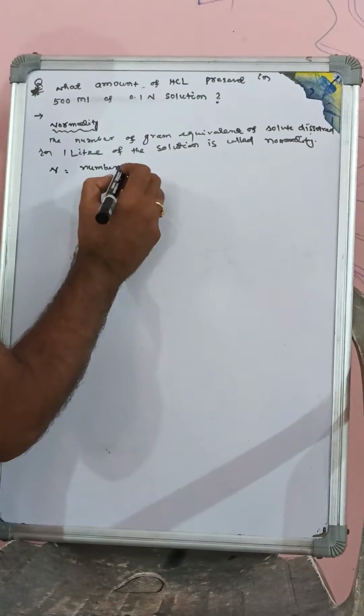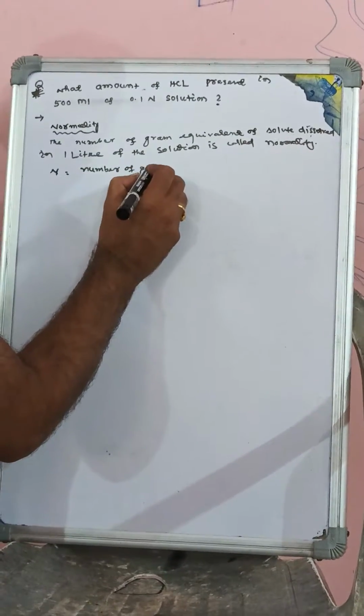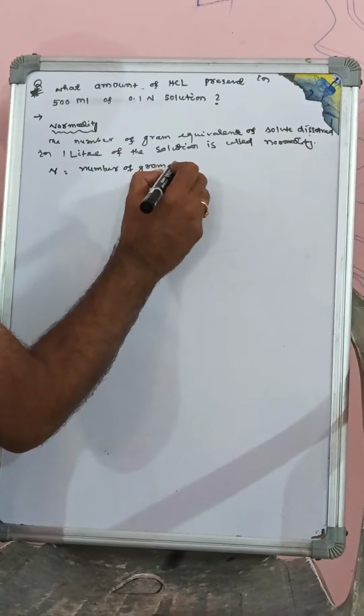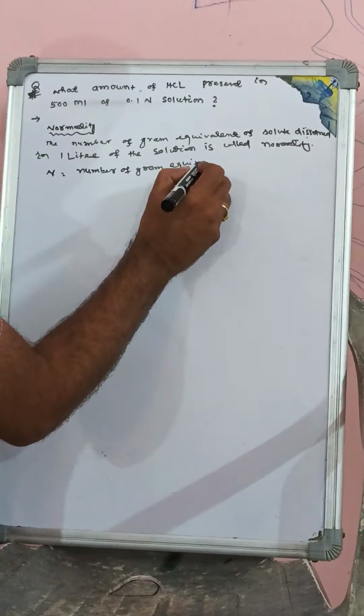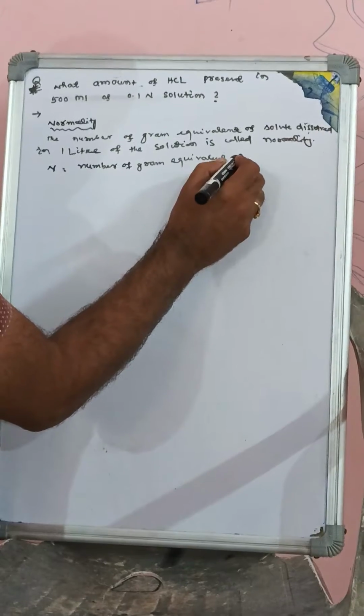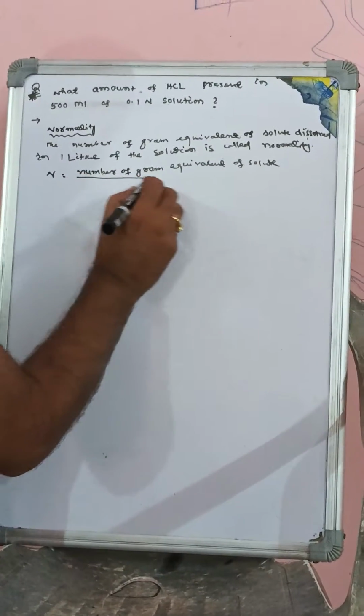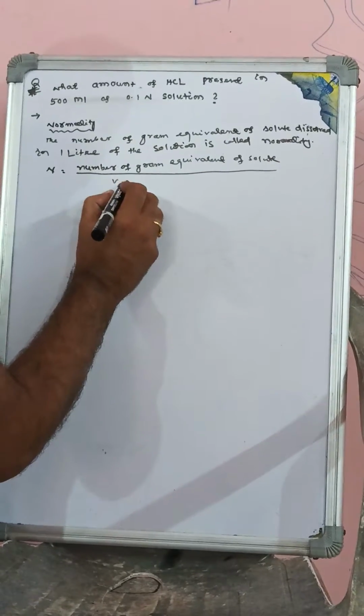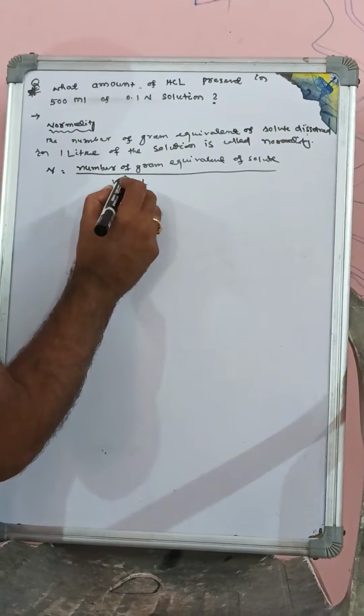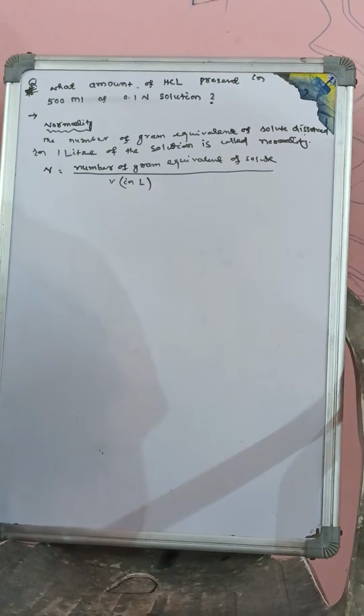It is called normality. Then N is equal to the number of gram equivalents of solute divided by volume in liter, V in liter. This is called normality.